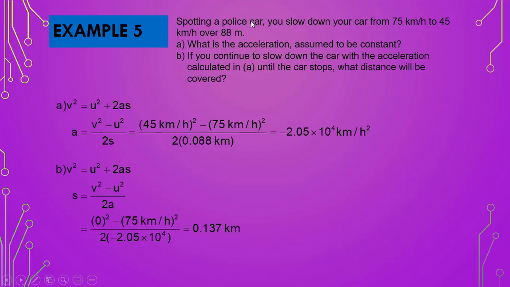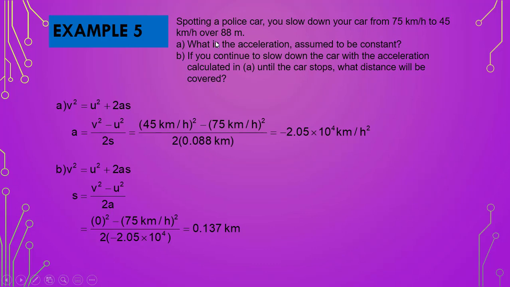So we start by identifying the information given in the question. Firstly, 75 km per hour here is the initial velocity. 45 kilometers per hour here is the final velocity over a displacement of 88 meters.